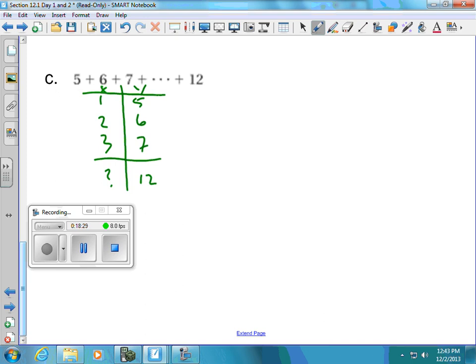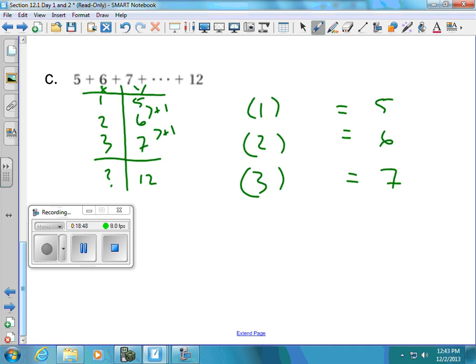So we've got to come up with a rule for this one, don't we? We plug in 1, we plug in 2, we plug in 3. We do something to it, we get 5, we get 6, we get 7. Well, it looks like there's a constant difference. So that tells us that it's going up by 1 each time, but we don't want to add 1 to 1, it's not going to give us 5.